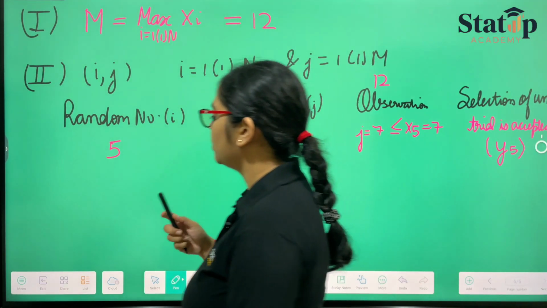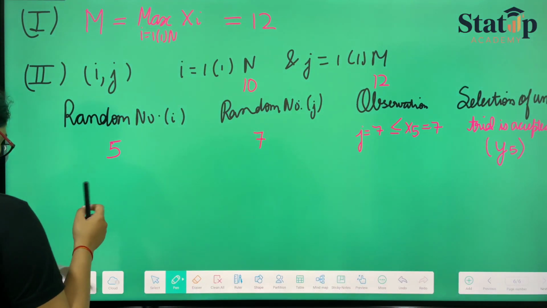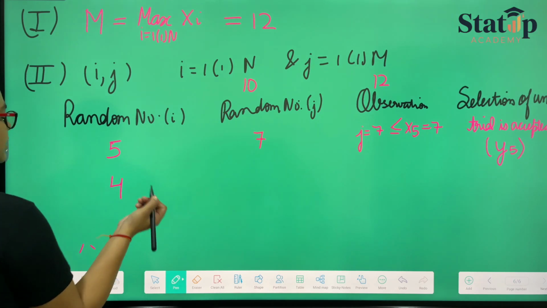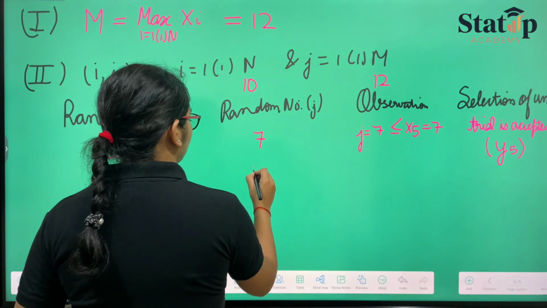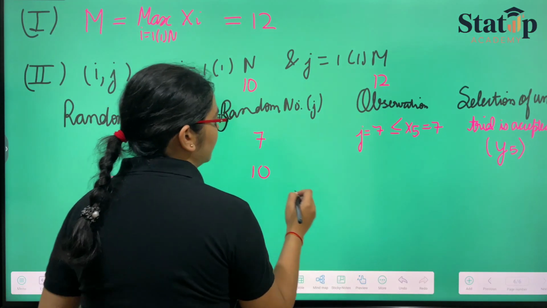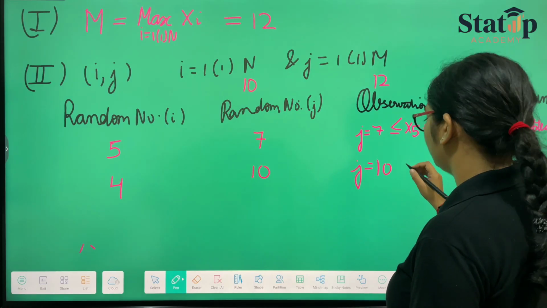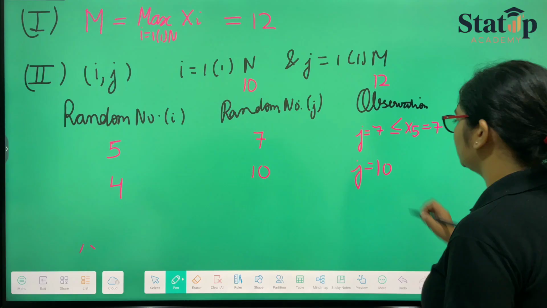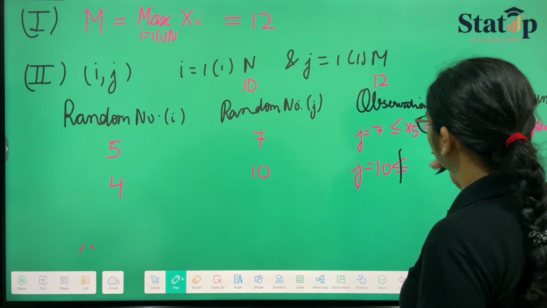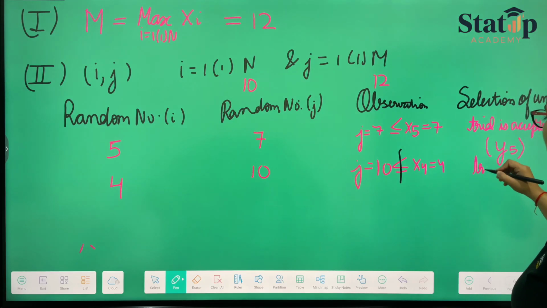If we are taking a sample of size small n equal to 3, then let us take another example, where random number 4 is selected and random number j is 10. So j equals 10, which should be less than or equal to x4. x4 is 4, so it is not less than or equal to x4, and hence the trial is rejected.